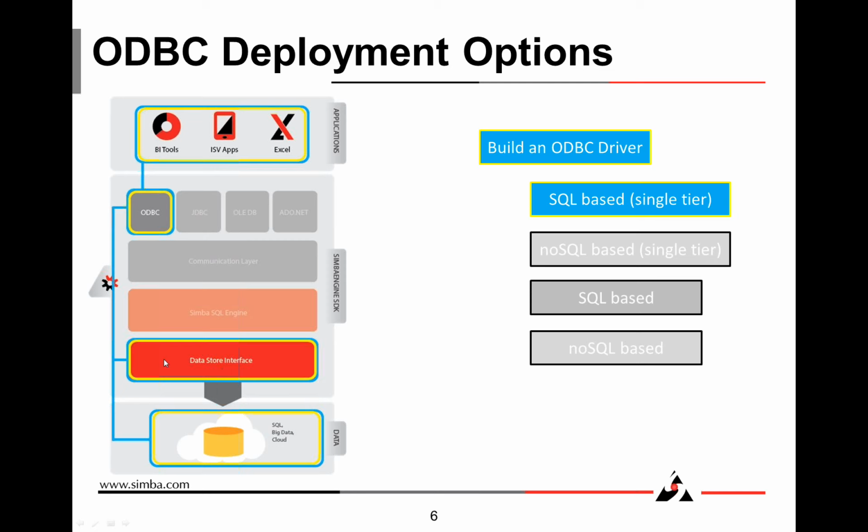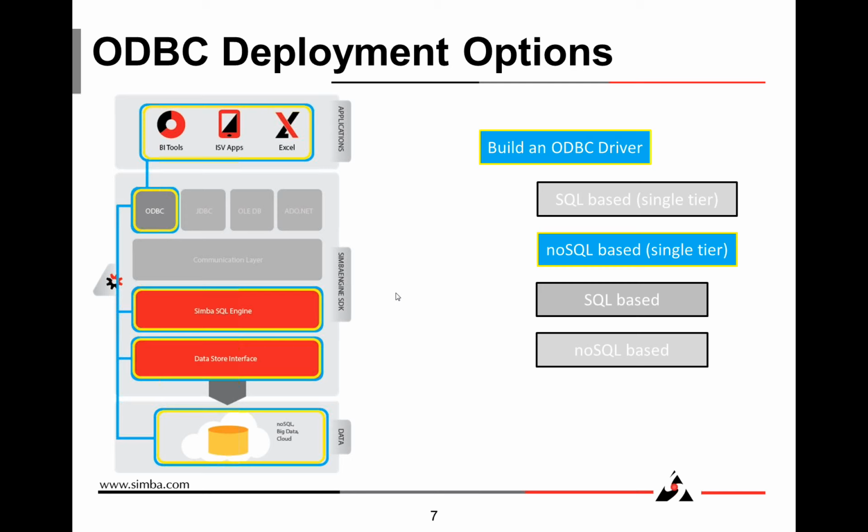All you need to do is focus on the data store interface, and we're going to connect your SQL data, use the ODBC interface, and then bang, you'll be able to use any ODBC standard BI tool, ISV apps, or Excel for that matter. All right, so that's a real simple one.